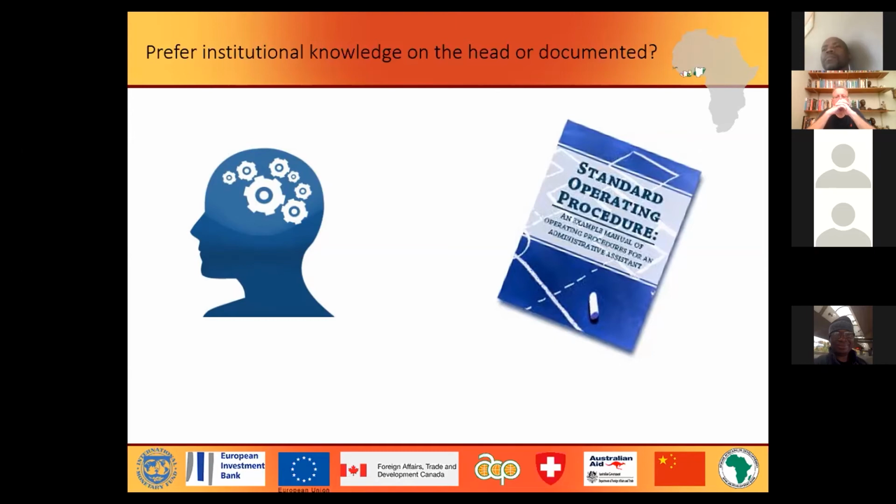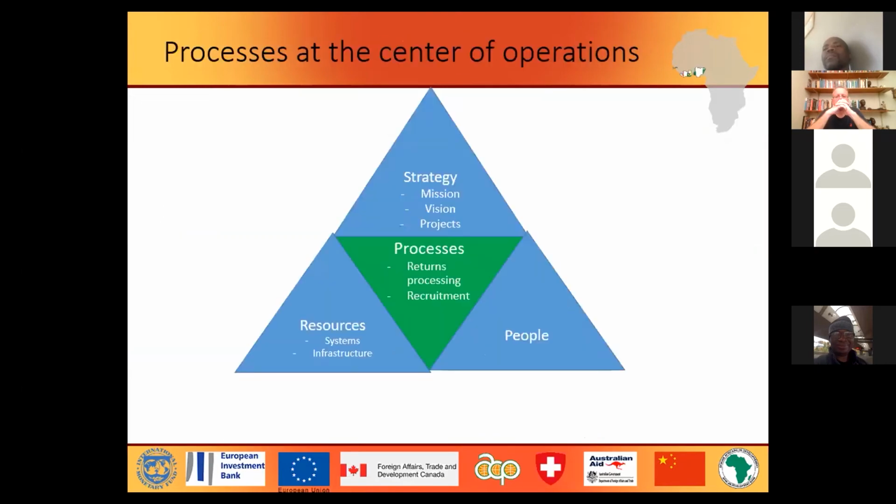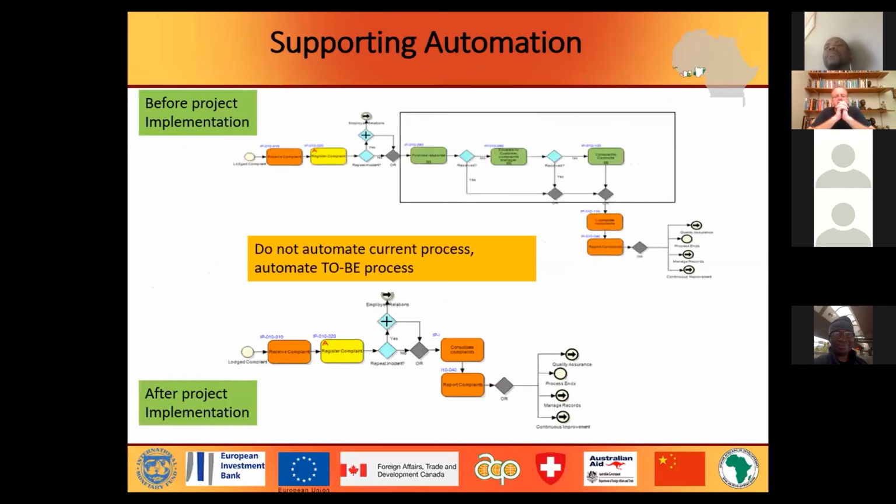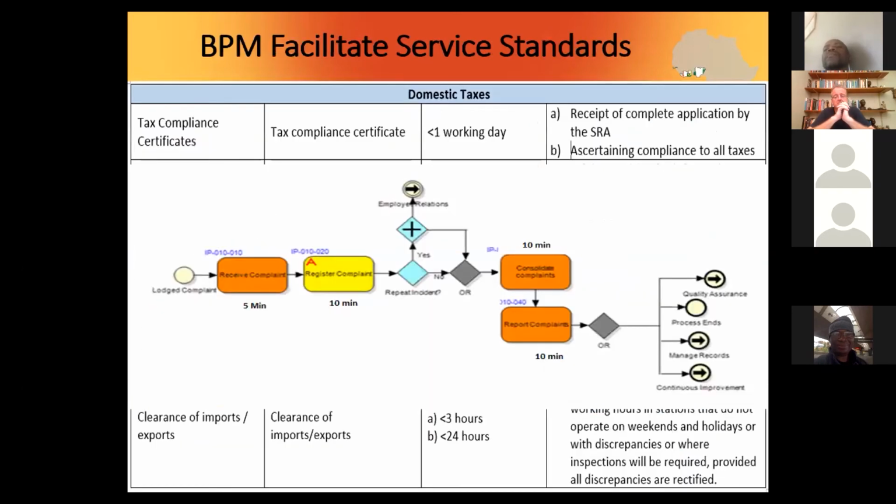The other example, let me just see if I can scroll down. The other example is on coming up with service standards. If the work has been reduced into processes or activities that we can see, it becomes easier to estimate. Derek talked about targets earlier. Now, if all of the work is sitting in people's craniums, it becomes very difficult to make a service pledge.